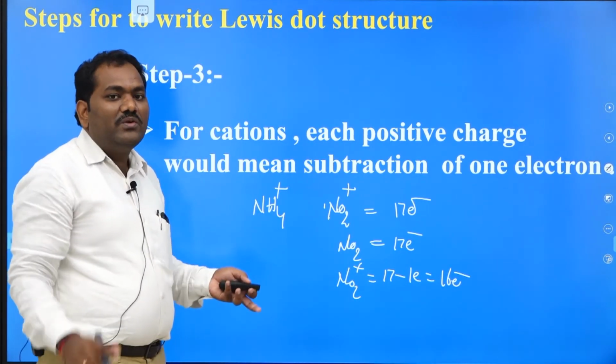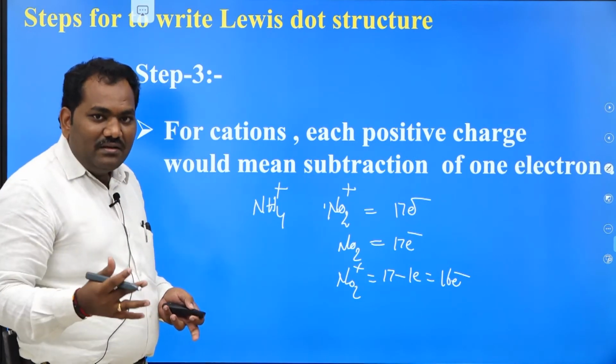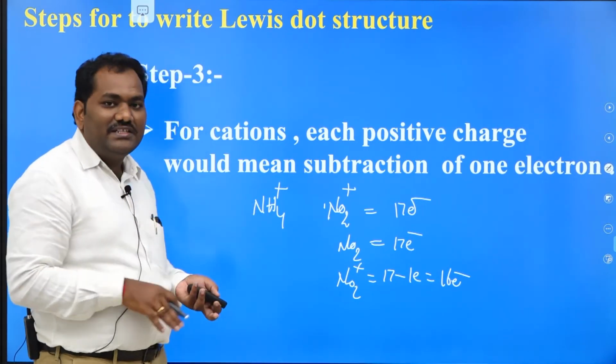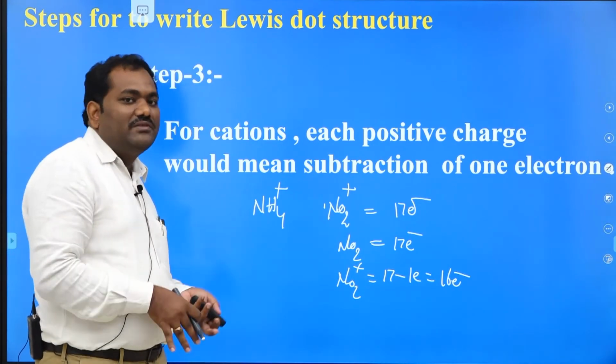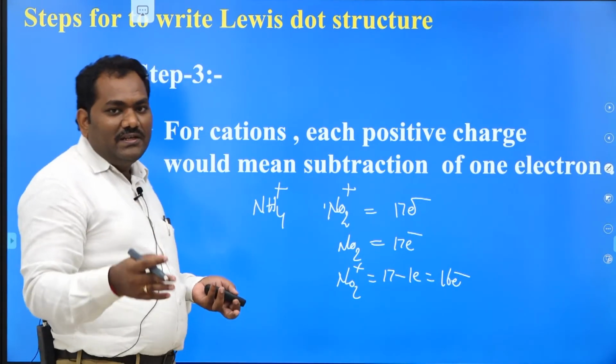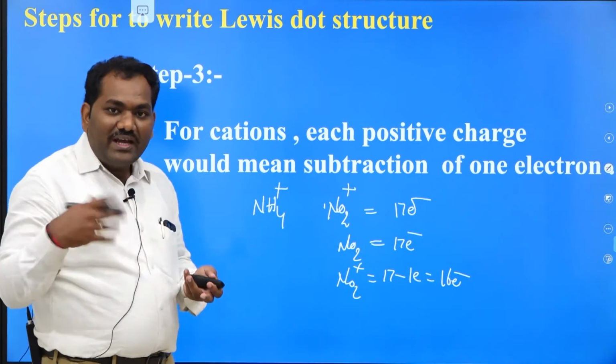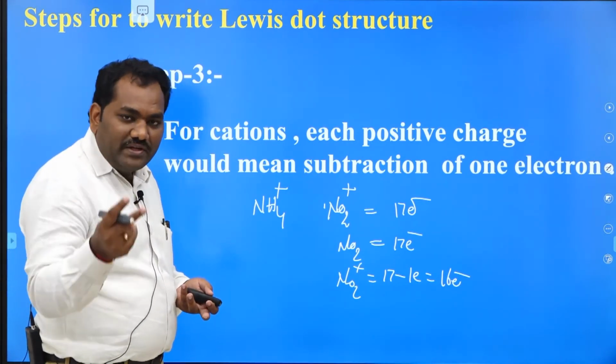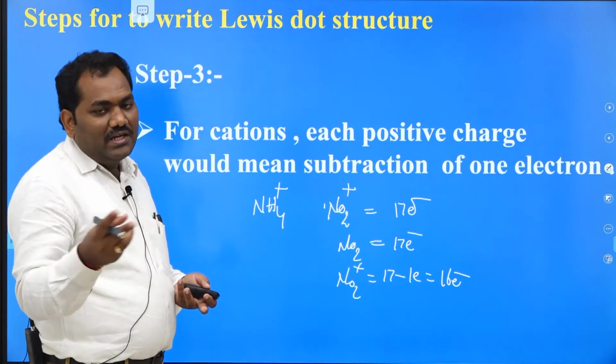Like this, we have to either add or subtract electrons, depending upon the charge, whether it is positive or negative. If the molecule contains a negative charge, we have to add 1 electron. If the molecule contains 2 units of negative charge, you have to add 2 electrons.